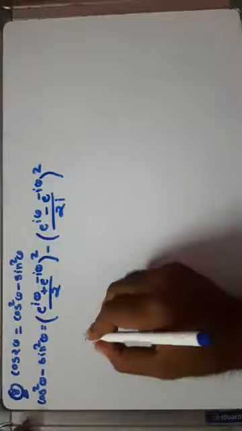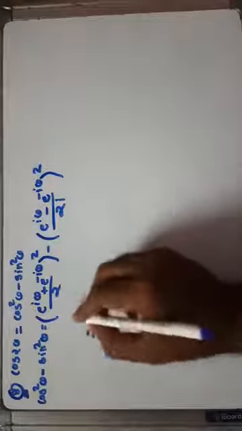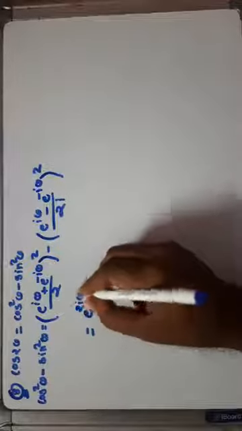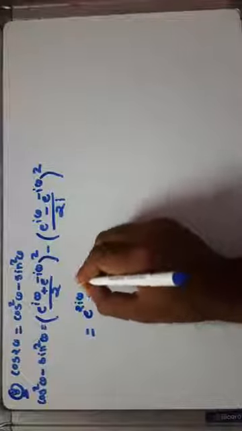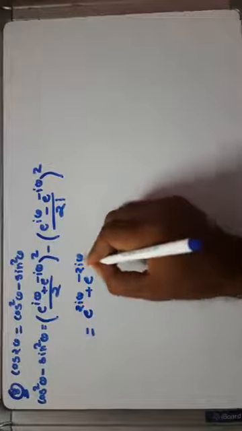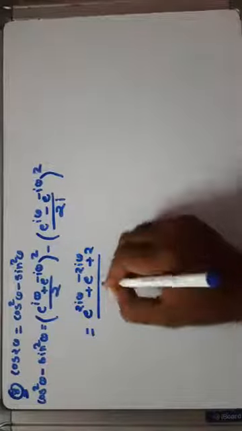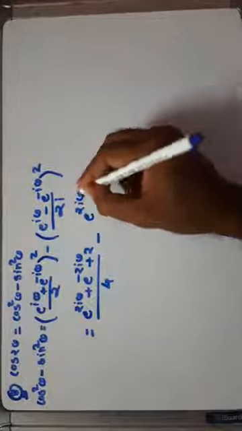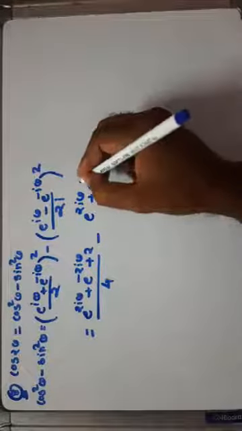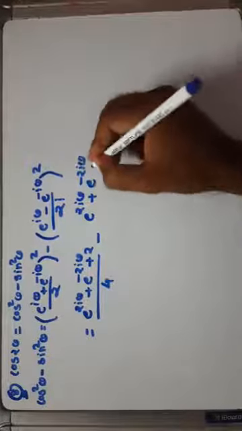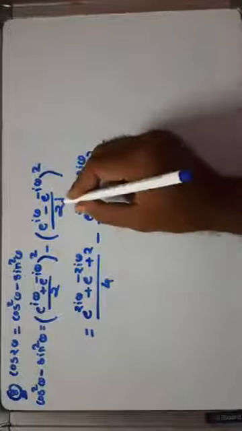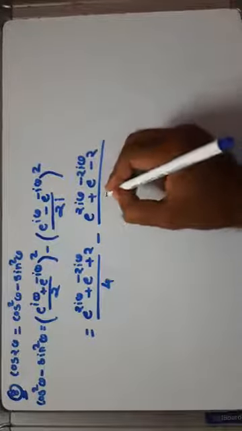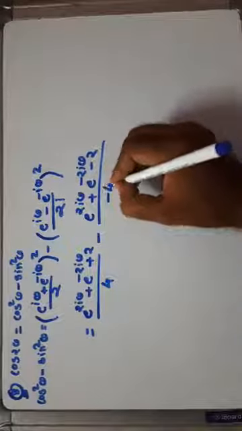right? Then we solve this. We know how to solve this bracket. E raised to 2i theta plus e raised to minus 2i theta plus 2 divided by 4, minus sign as it is, e raised to 2i theta plus e raised to minus 2i theta minus 2 divided by 4. 2i, its square is 4i square. i square means again minus 1, that means minus 4 here.